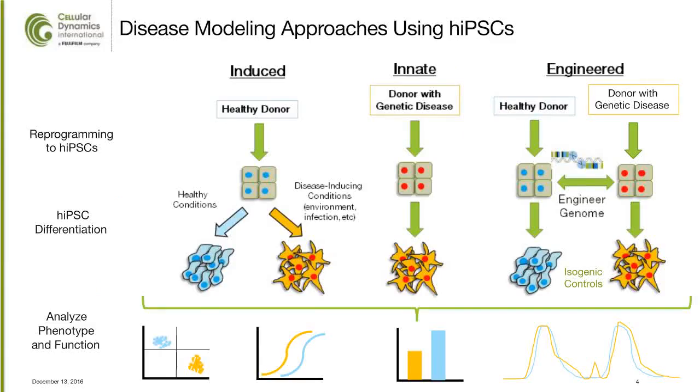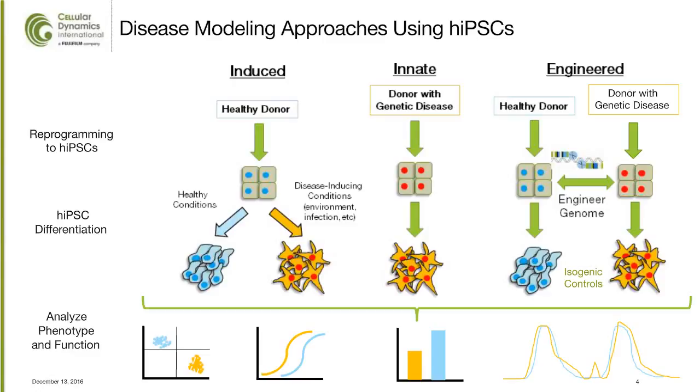I'm just going to revisit this slide for a moment. Dr. Mangan went over some of the engineered examples for some of our neuronal disease models. I'll be focusing on the induced example and an innate example. In the induced example, the iCell cardiomyocytes are exposed to different conditions to really bring out the HCM phenotype.